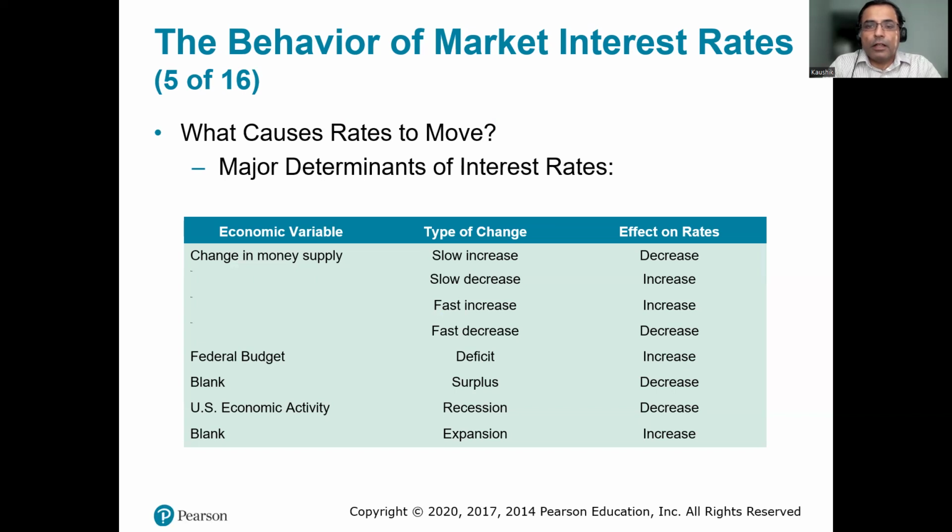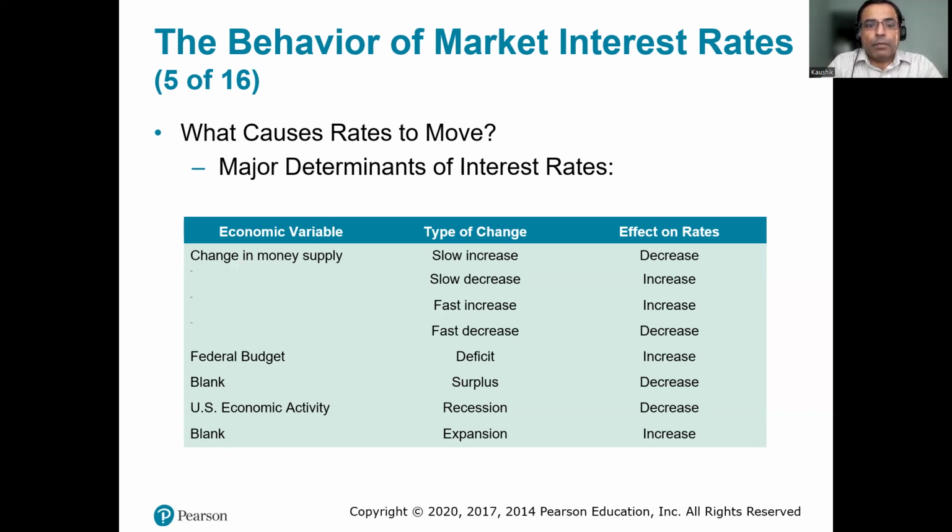If money supply decreases, less funds are available, so interest rate goes up. If it's a fast increase, it may lead to inflationary trends, so interest rate goes up. If it's a quick decrease, it could be due to economic downturn, so interest rates will go down.